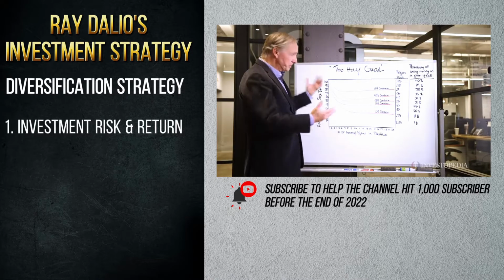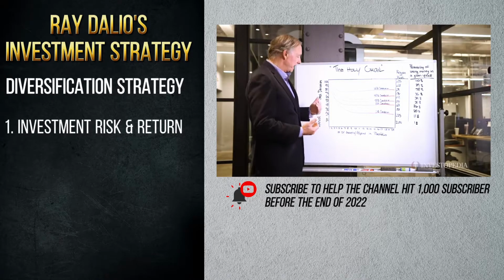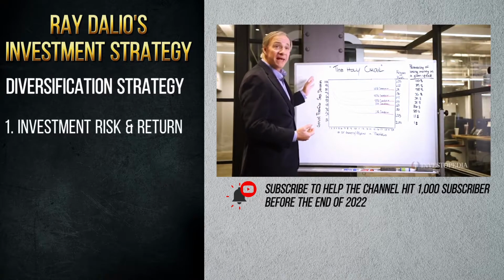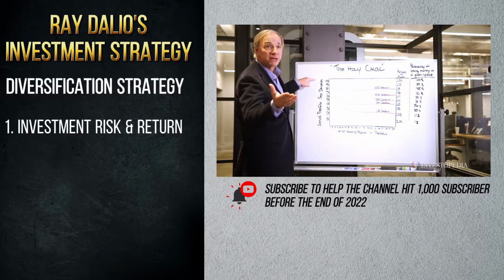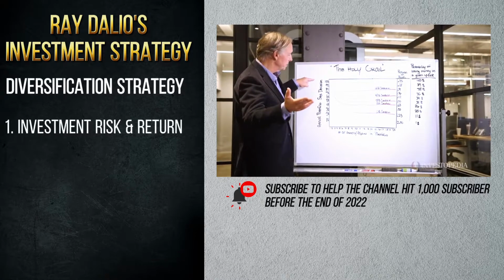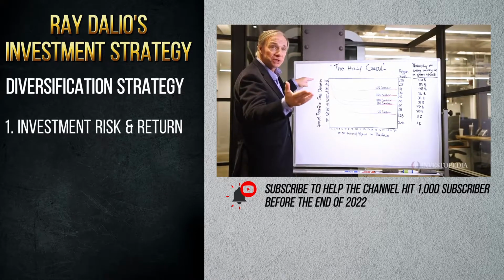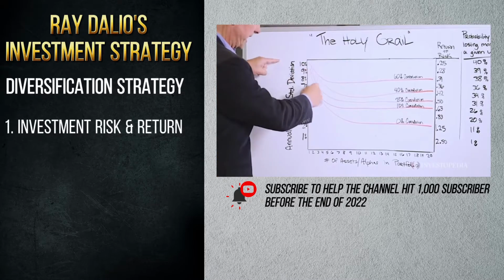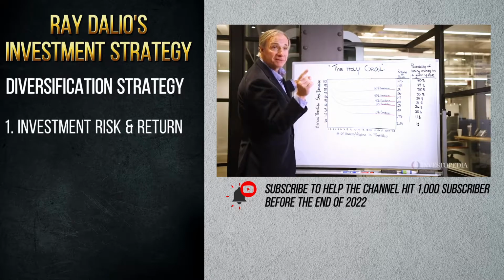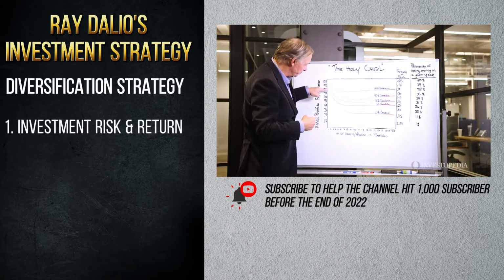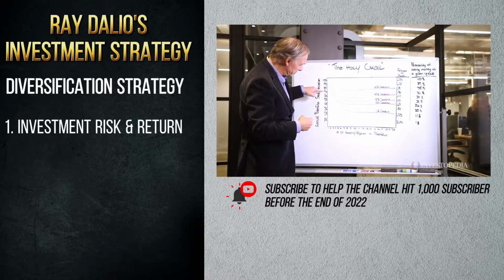So that's what this chart shows, right? Imagine you have a 10% average return, and you don't know which bet is going to be better. It has a 10% average return and a 10% risk. And you add in a second and a third and so on. You're not going to lose the 10% because you're still going to have that 10% return, but you're going to have a reduction in risk.